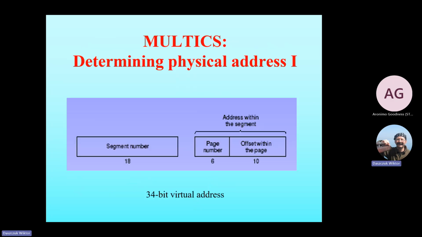This is the address in Multics. We have 18 bits of segment number. Of course, nobody uses such a number of segments, 2 to the power of 18. 2 to the power of 18 is 250,000.